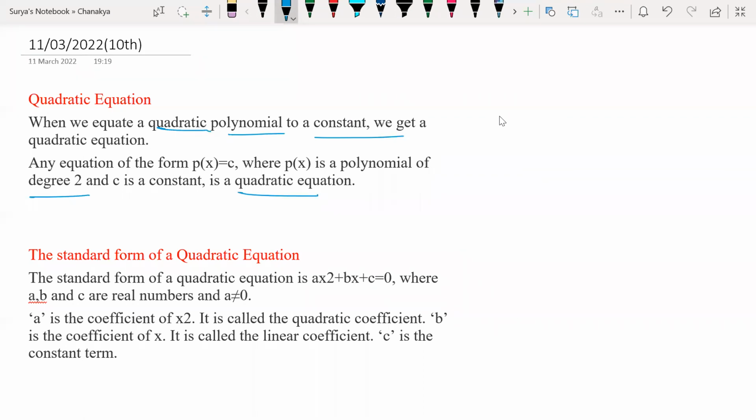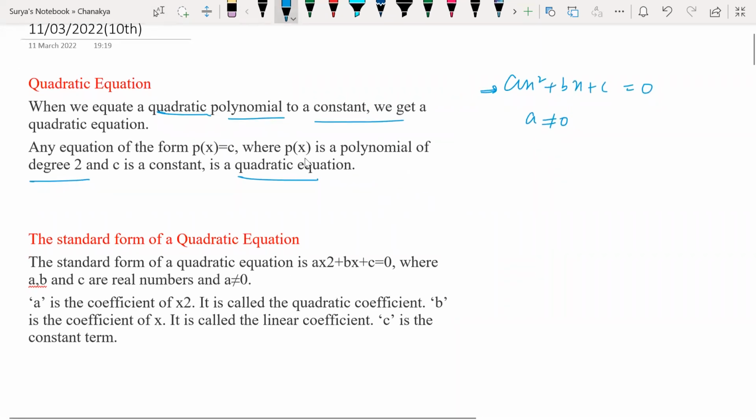What was the standard form? ax square plus bx plus c is equal to 0, and a shouldn't be equal to 0, because it becomes a linear equation if a is equal to 0. Where a, b and c belong to real numbers.